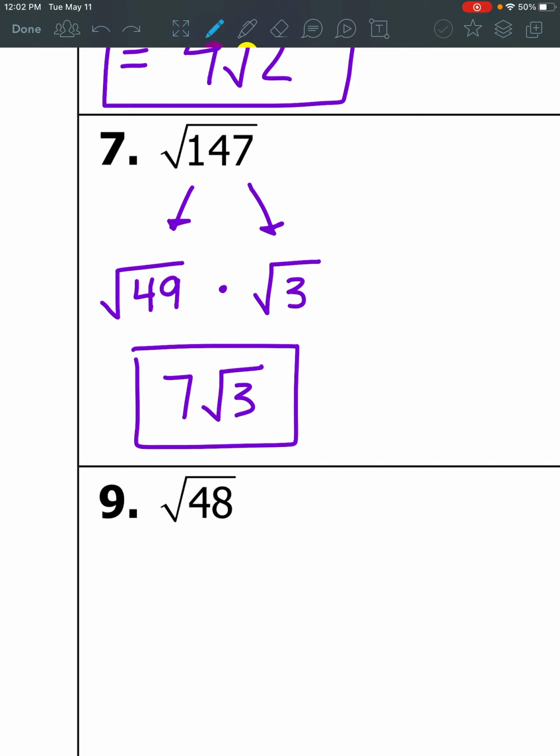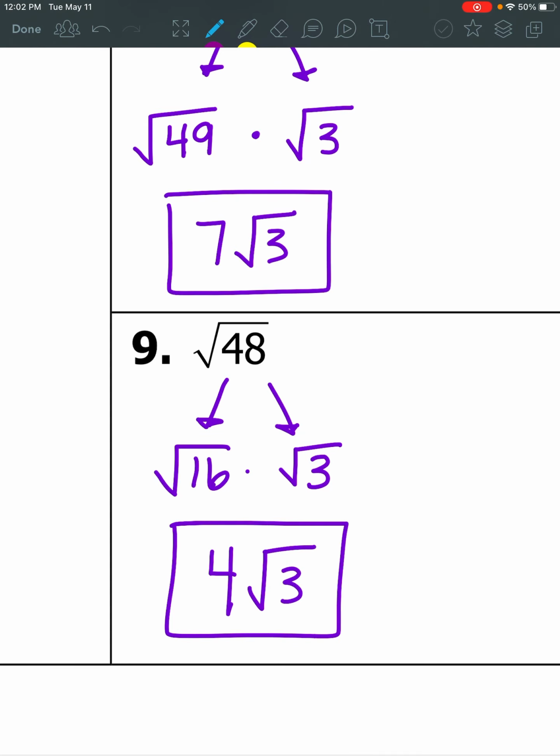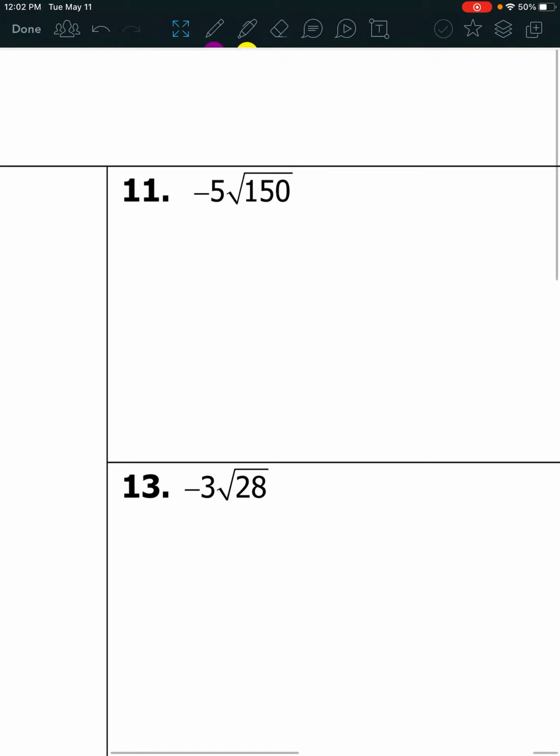Right? Square root of 48, 16 is a perfect square, and it goes in to 48, so 16 times 3 is 48. So we'll get 4 radical 3. Right, then on the back side, now we have some numbers out in front of the radicals.